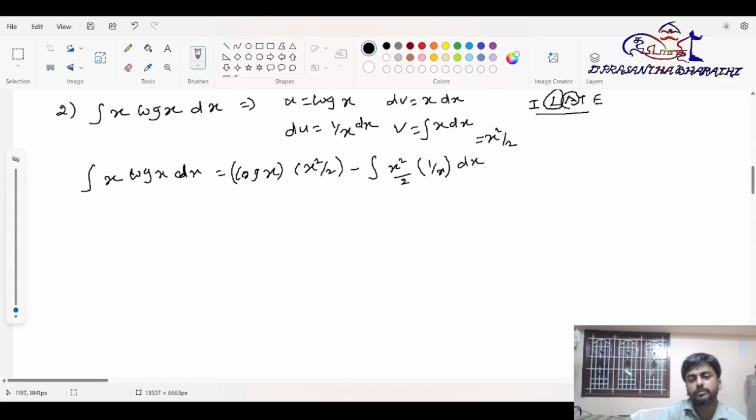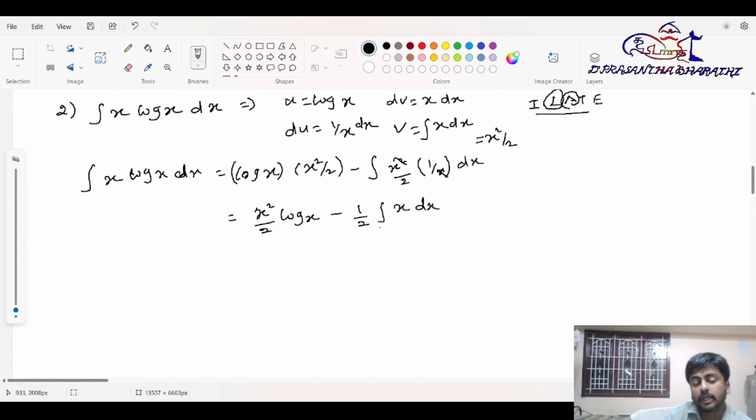So this is equal to x square by 2 into log x minus, here this x square and x will get cancelled, so you are getting 1 by 2 into integral x dx.